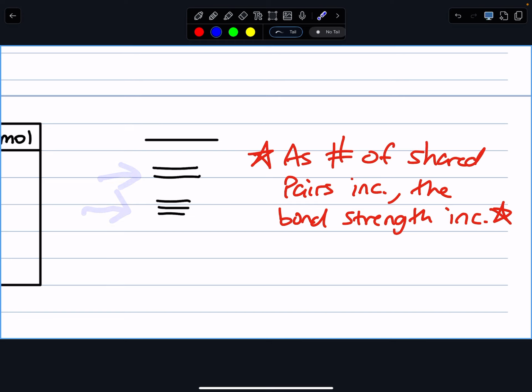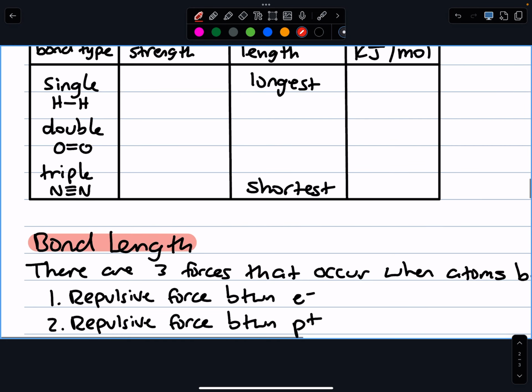So as I increase the number of pairs, what happens to my bond strength? Who's the strongest bond? The triple bond. I'll put that over here. So it's the strongest, and the single is the weakest. And of course the double is just in the middle, so I'll put medium.